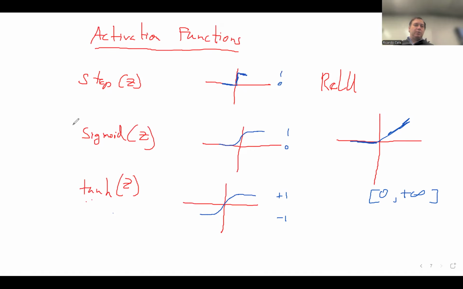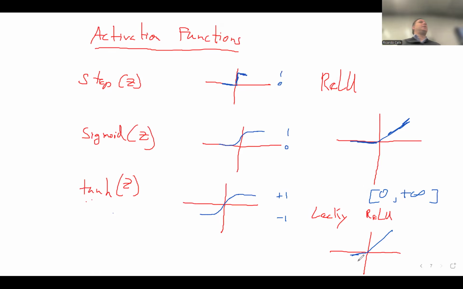So the leaky ReLU, essentially it's called leaky because it lets a little bit of the negative leak out, right? So it's going to be something like, and then like that.